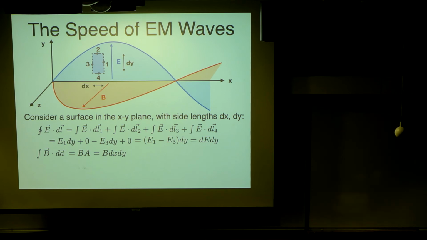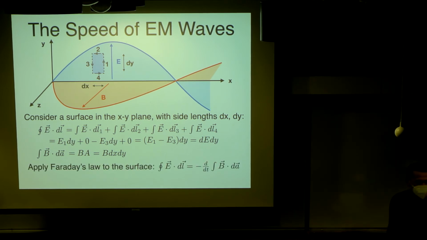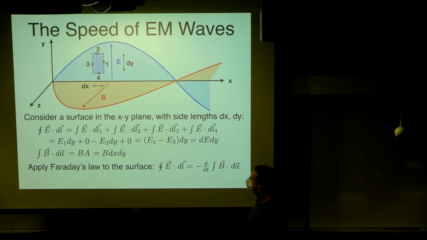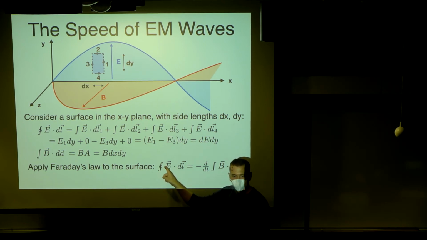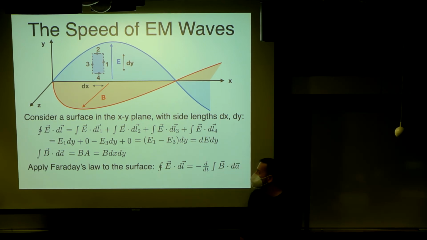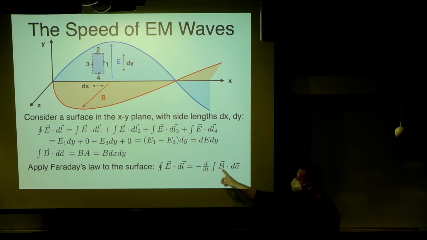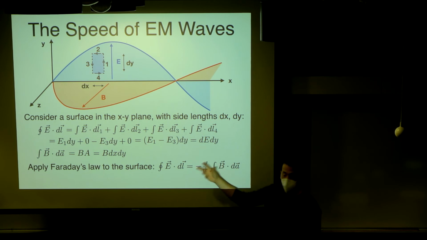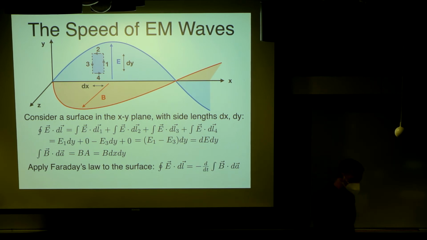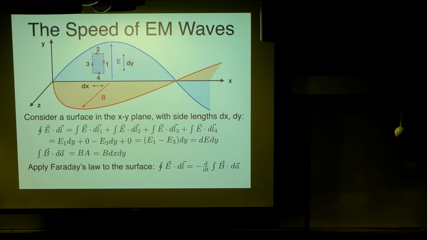And the reason I'm doing all that, by the way, is we have this thing called Faraday's law, right? Faraday's law says that the integral over a closed path of E dot dl equals minus the derivative with respect to time of the integral of B dot dA. And we have both of those things for the surface, so now we can just plug them in, okay?